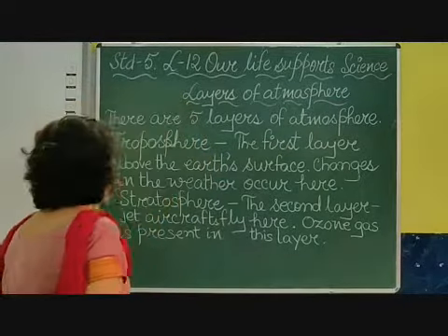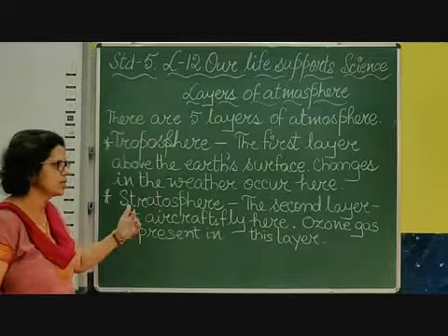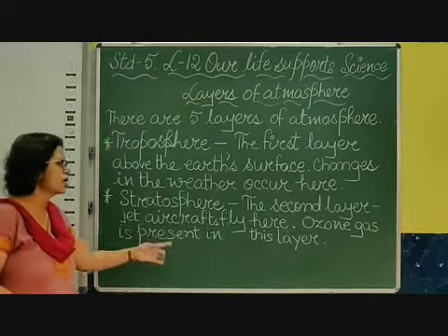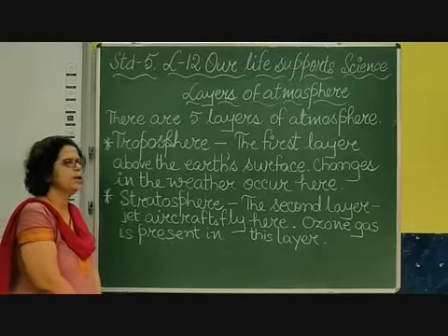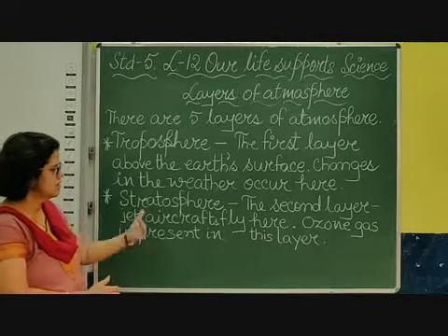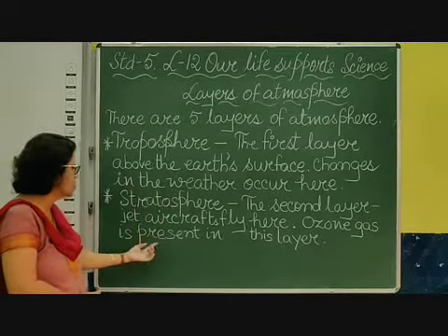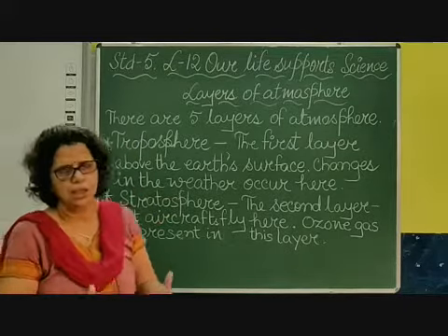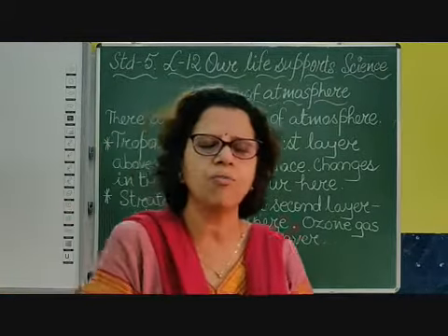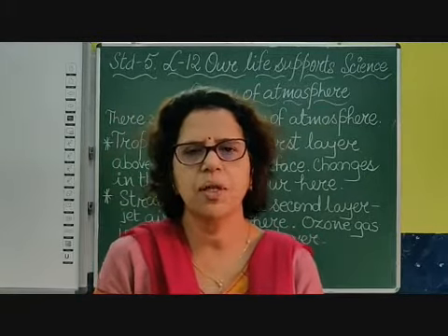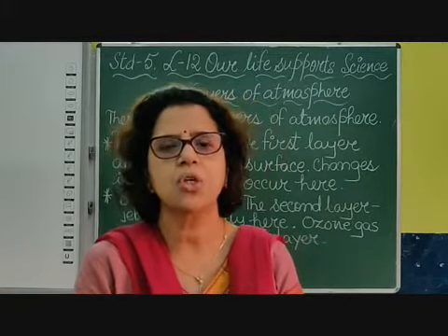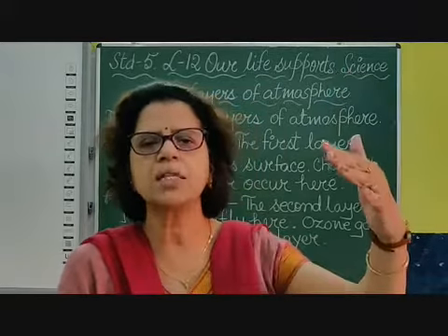Then next children, coming to stratosphere, this is the second layer. Jet aircraft fly here. As you know, when you fly in an aeroplane, these aircraft fly here. Ozone gas is present in this layer. Now, the ultraviolet rays from the sun are very harmful, which can cause even cancer and other diseases.